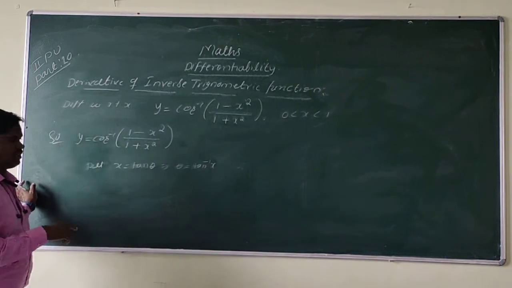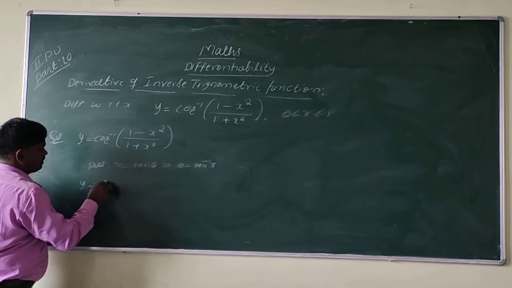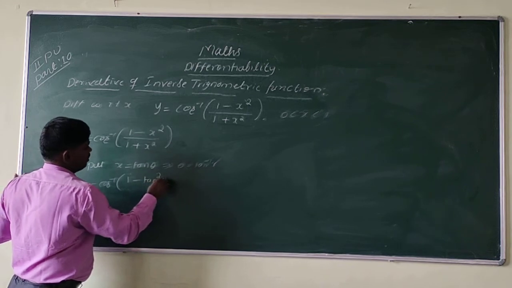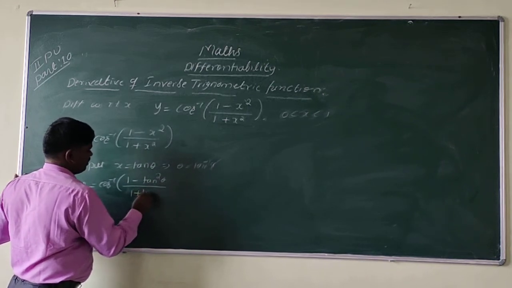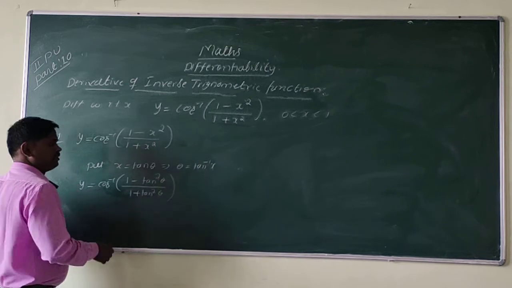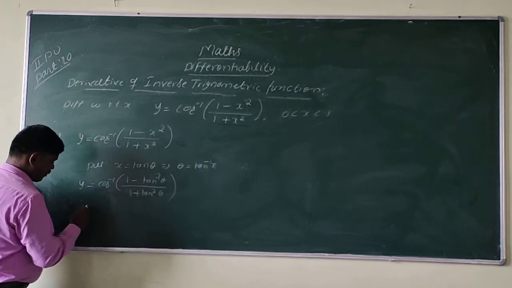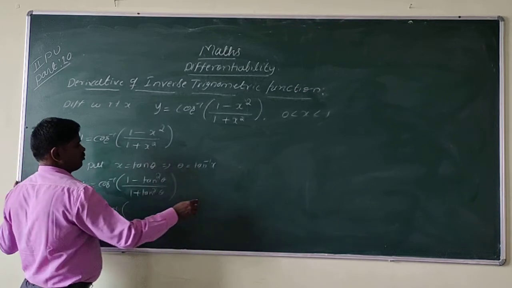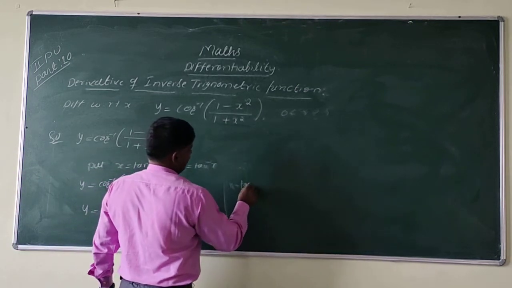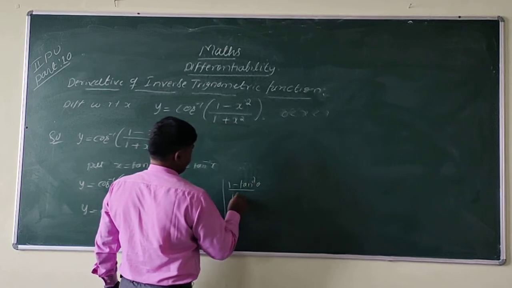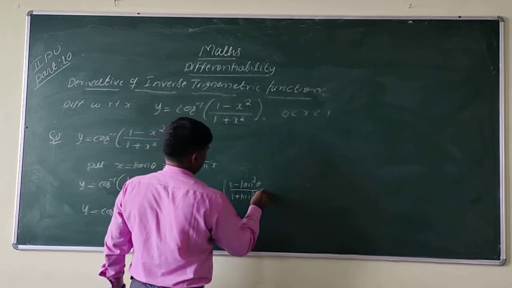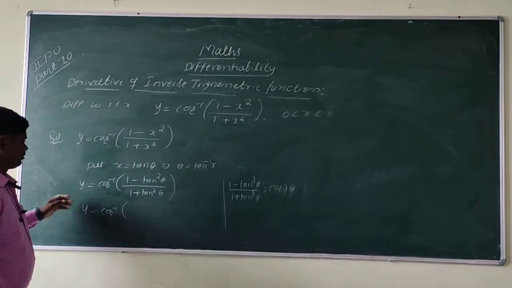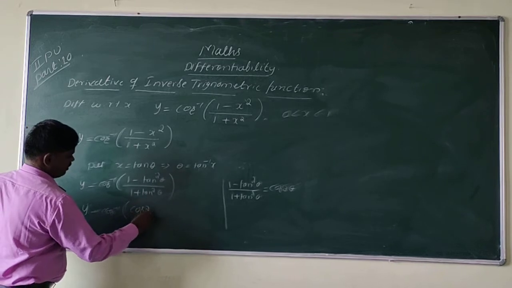Now the given equation becomes y is equal to cos inverse of 1 minus tan square theta divided by 1 plus tan square theta. And 1 minus tan square theta divided by 1 plus tan square theta is nothing but cos 2 theta, again a formula. So this becomes cos 2 theta.